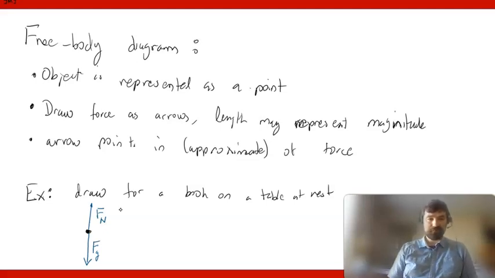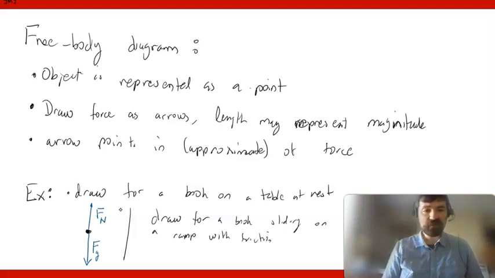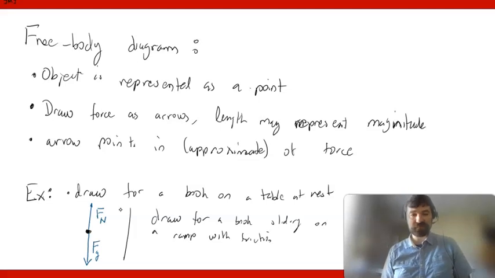Another example would be, what if we needed to draw a free body diagram for a book sliding on a ramp with friction? In that case, we would have the object here.